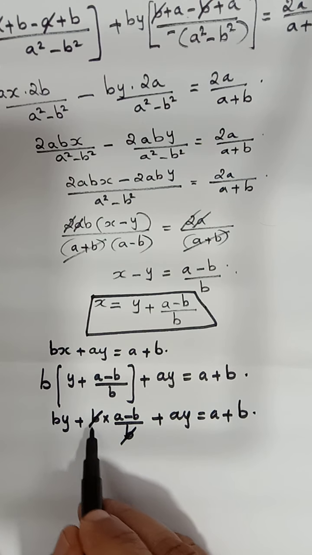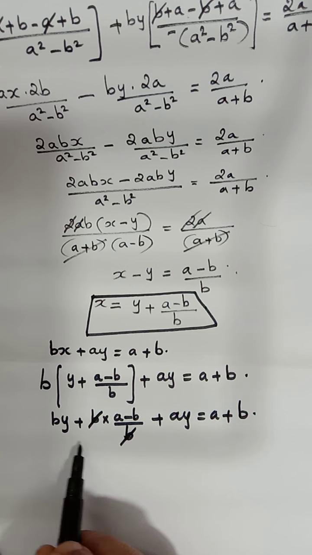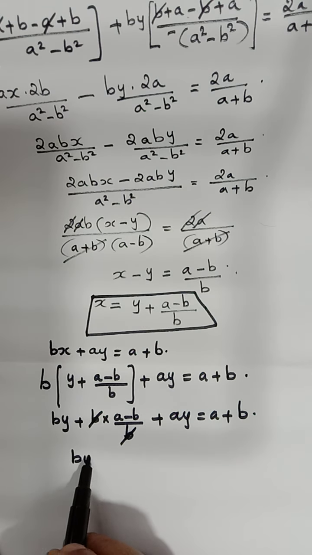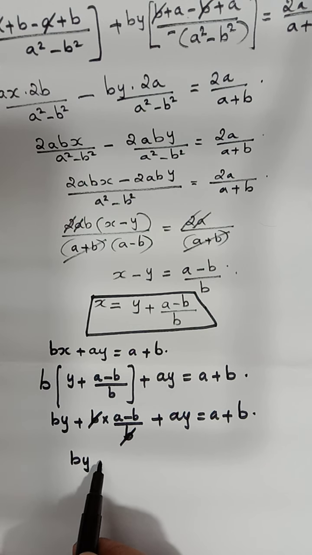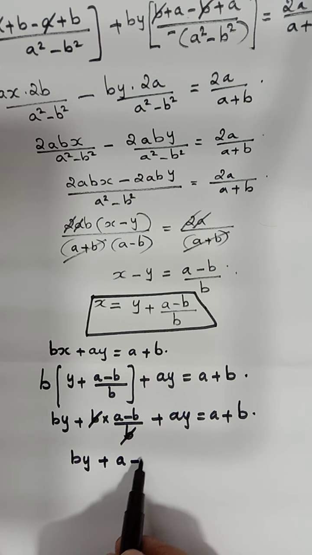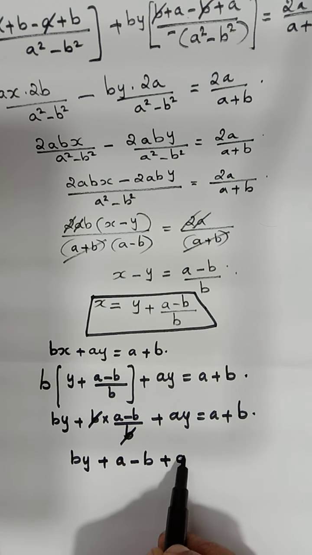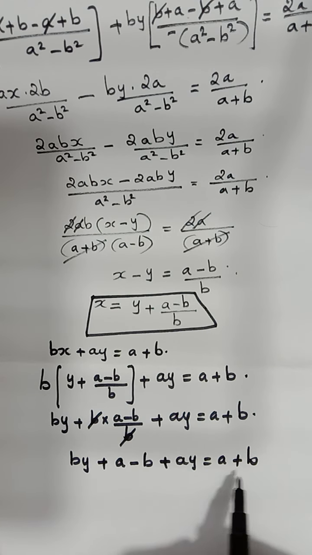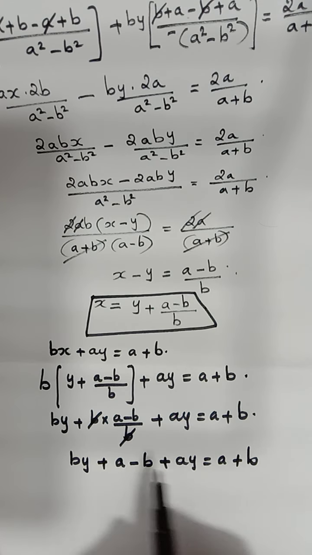We can cancel b and b. We are left with b y plus a minus b, plus a y equal to a plus b.